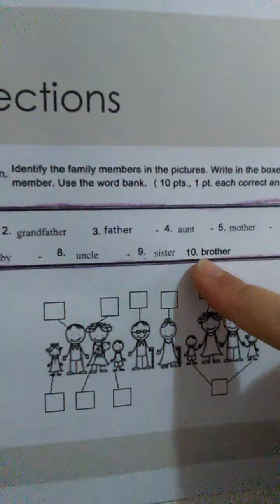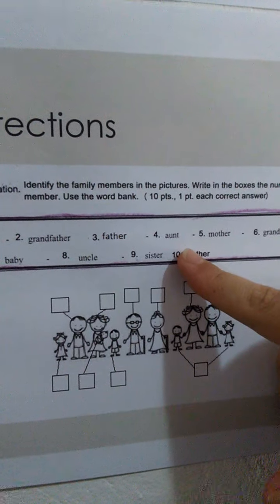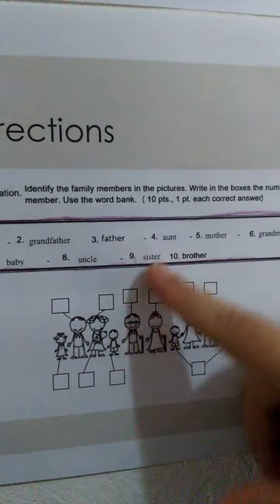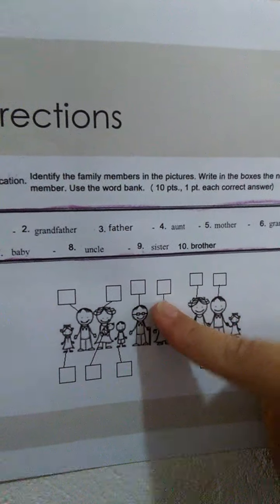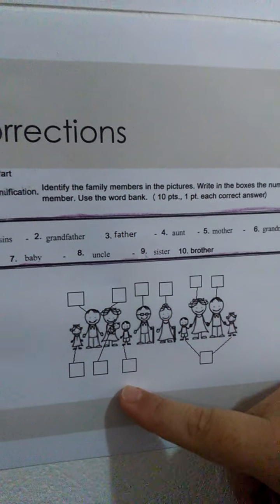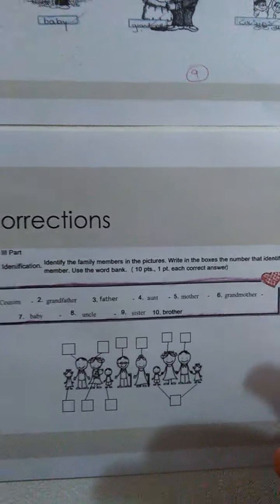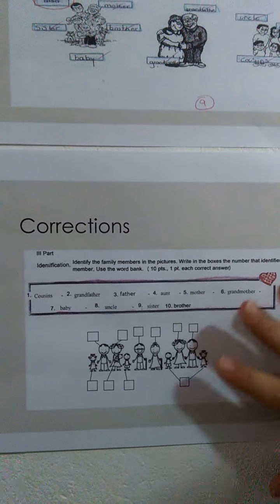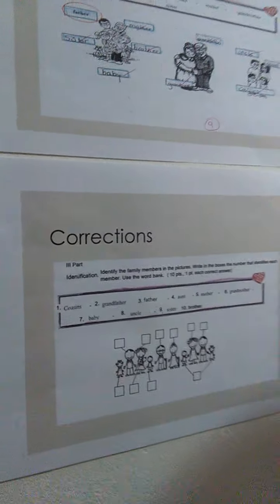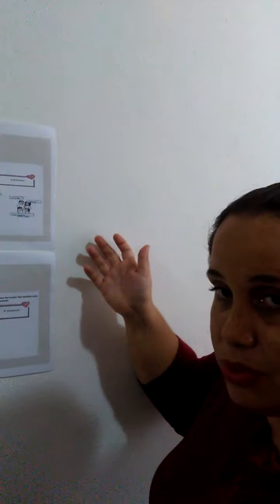So I added these smaller boxes for them. These smaller boxes relate to each member of the family. And also, there is an exception with these corrections, because students are not supposed to read, right?